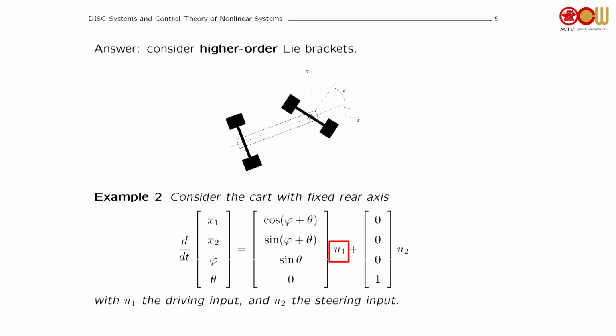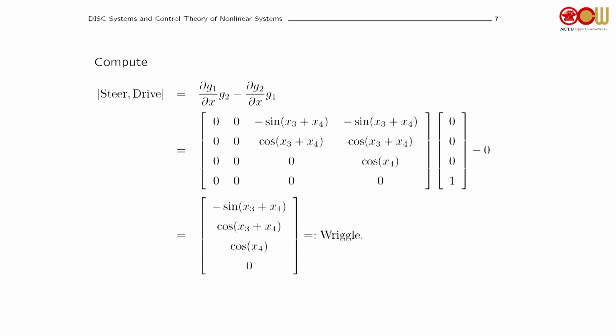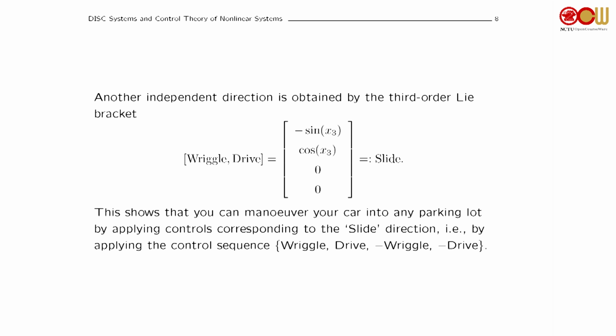This one is for acceleration. So G1 and G2 are the corresponding coefficients. So this one is for driving, this one for steering. So if you combine these two, you steer and you drive, you can generate a motion called wiggle. Okay, wiggle is kind of like a snake. And if you combine wiggle with drive, you can slice.